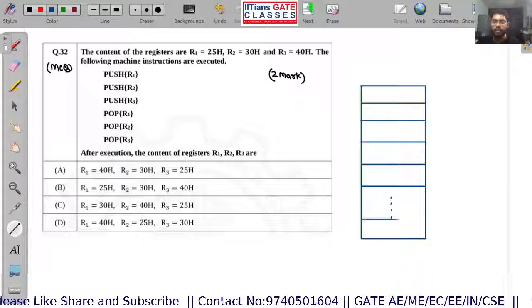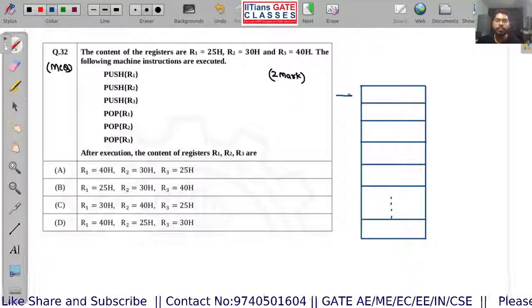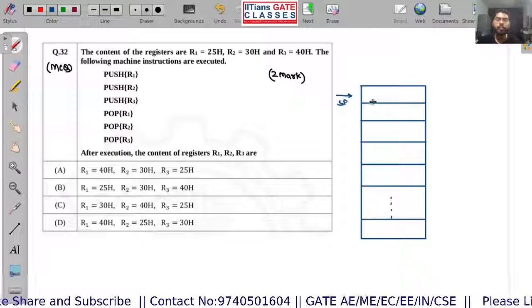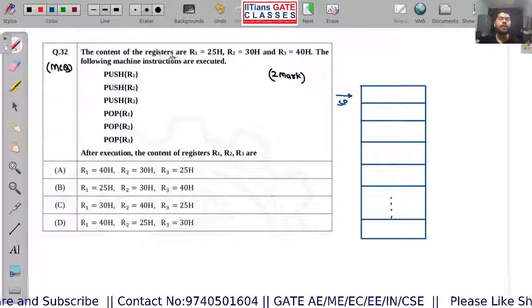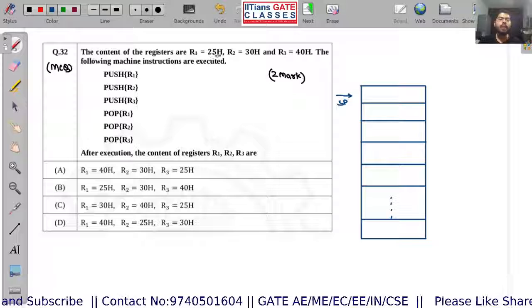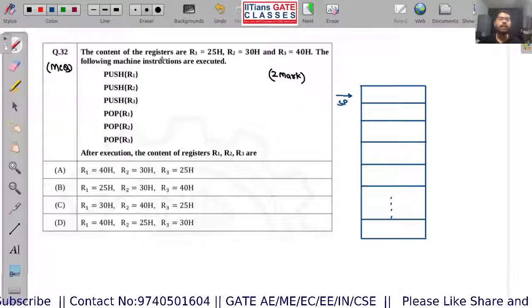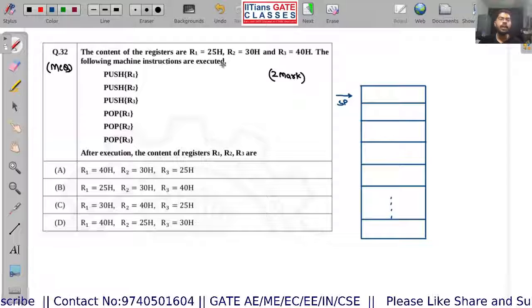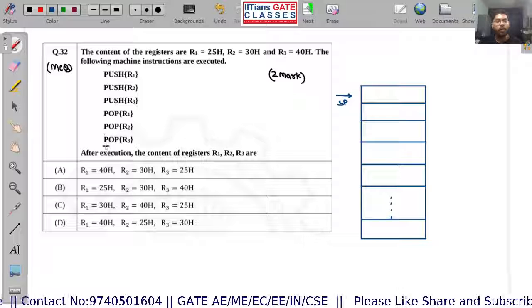So let me assume this is the stack. Where is the stack pointer? The stack pointer is at top. So what will happen? Here the question is given: the contents of registers are R1 is equal to 25H, R2 is equal to 30H, R3 is equal to 40H. The following machine instructions are executed: push R1, push R2, push R3, pop R1, pop R2, pop R3.